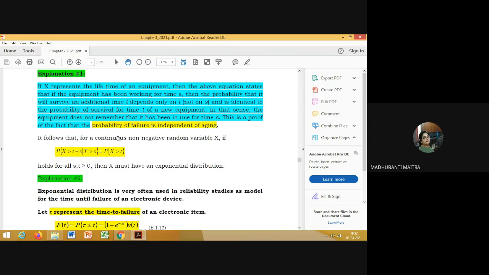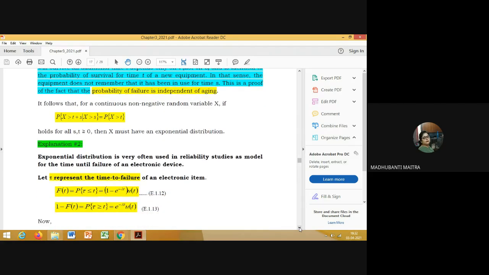So this memoryless property is a unique feature of the exponential distribution only.